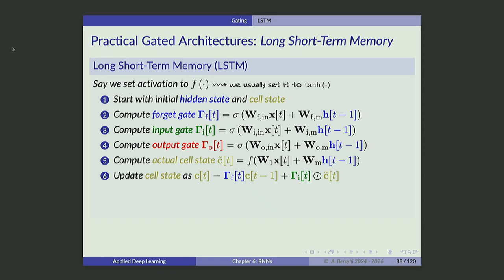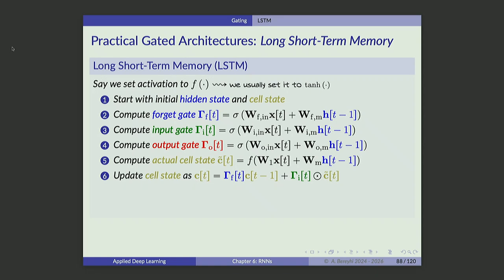This is essentially the kind of computation you used to do in the basic RNN, and you took it as the new hidden state. But now you're going to take it as the cell state. This new fresh cell state is going to be multiplied with the input gate. If the input gate is open, the cell state goes all the way in. If the input gate is closed, then your computation is going to be blocked.